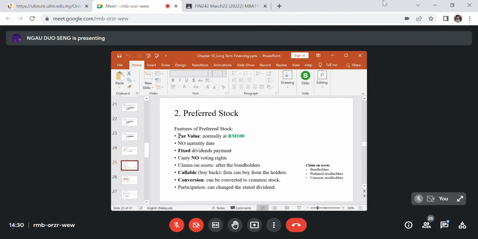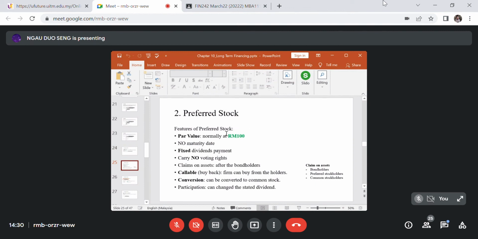Next, we have features of preferred stock. Par value normally 100. So I repeated. Par value adalah 100. Don't confuse dengan bond. Biasa student akan buat kesalahan kat sini. Dia dah keliru, right? Confuse. Sebab bond adalah 1,000. Preferred stock adalah 100.